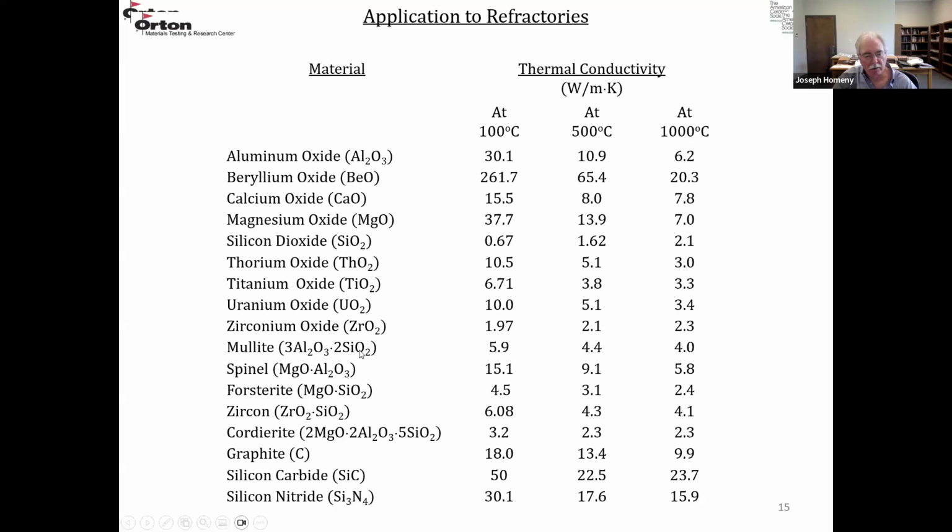And then some materials like mullite are quite a bit lower, a more complex structure. And so are the spinels, they're quite a bit lower. So this is just a reference table. And you can see that the normal materials, some of the conductivities are around 3, they go up to about 50. So that's pretty much the range for these materials, excluding beryllium oxide.